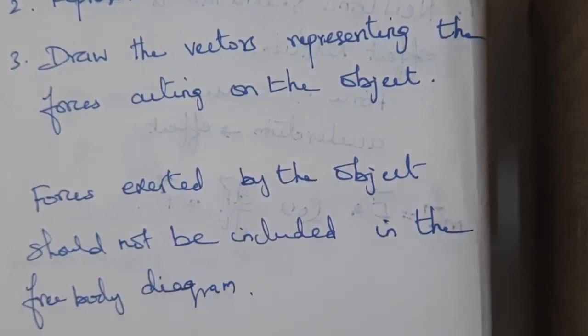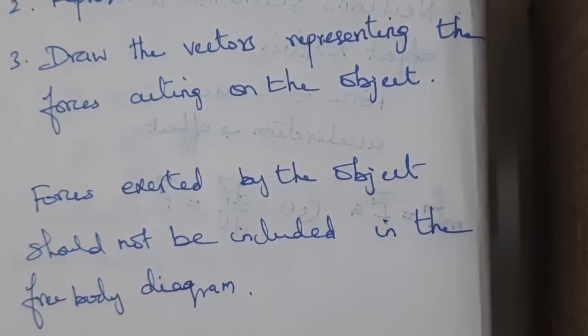It is a simple tool to analyze the motion of an object using Newton's laws. And there are some steps to follow: identify the forces acting on the object, represent the object as a point, draw the vectors representing the forces acting on the object. And here, the forces exerted by the object should not be included in the free body diagram.